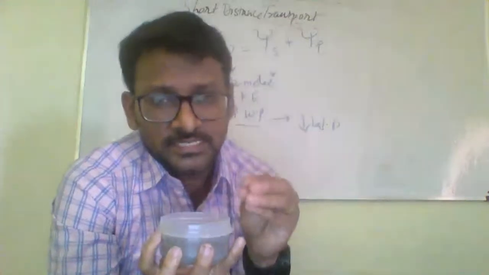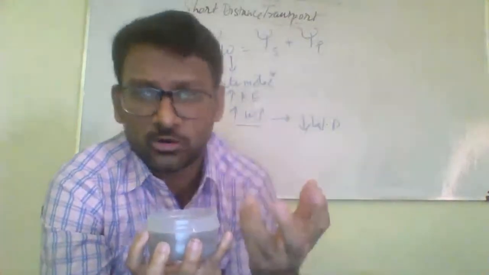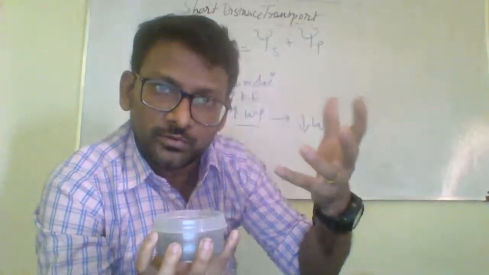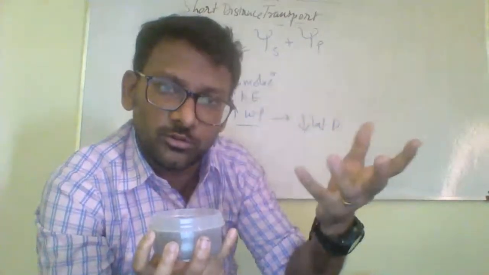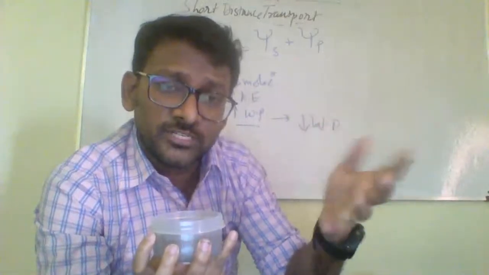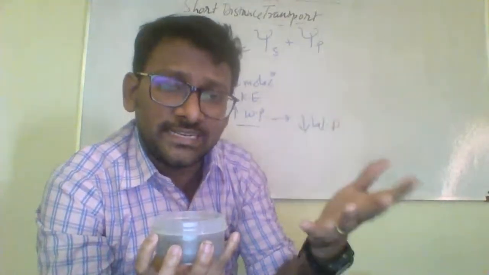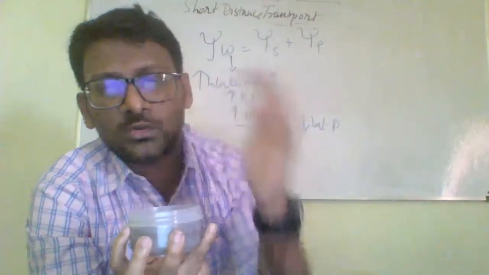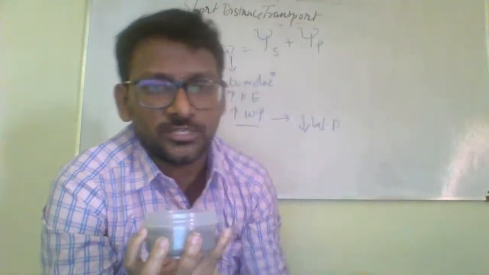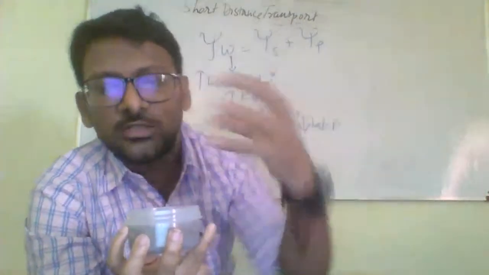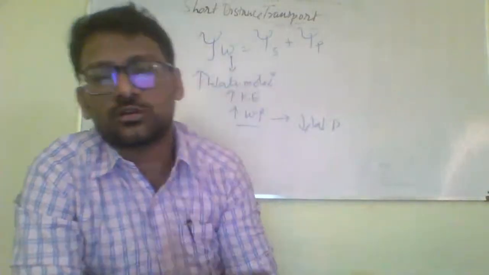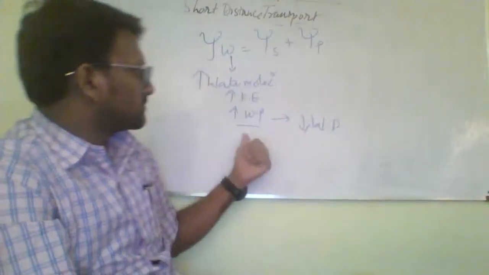It means seeds contain more solutes than water itself. Outside the seeds you have more free water molecules, with more water potential and more kinetic energy. So they tend to move from higher water potential to lower water potential. That's where they diffuse into the seeds, right? Likewise, the movement of water molecules is always from higher water potential to lower water potential.